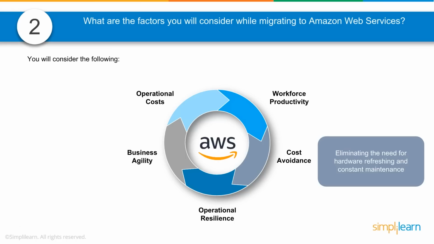And if the application, the software, or the product that you're launching requires updated hardware all the time, that's not going to be possible on-premises. We try to deal with legacy infrastructure all the time on-premises, but in the cloud, they're constantly upgrading their hardware.